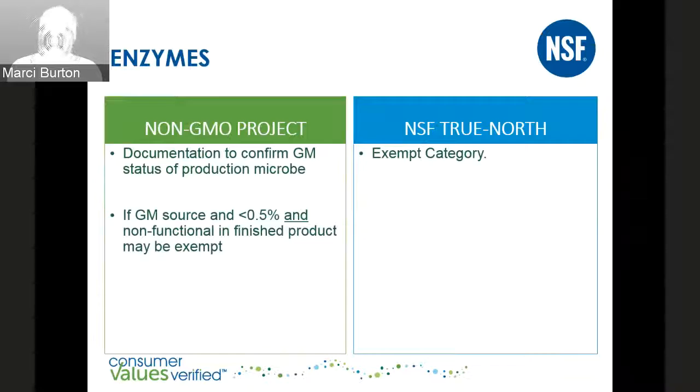So again, having a statement that the high heat has denatured the enzyme would be sufficient to have that be compliant. If it's greater than 0.5% and it's from a genetically modified source, then it's not allowed in the Non-GMO Project formulas. So enzymes are exempt from review for food and pet food products. There are some additional qualifications for dietary supplements or for cosmetic, personal care, etc.